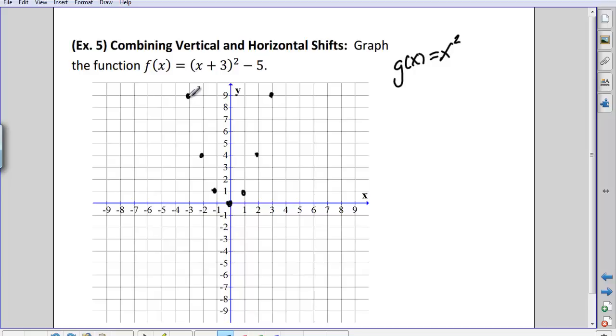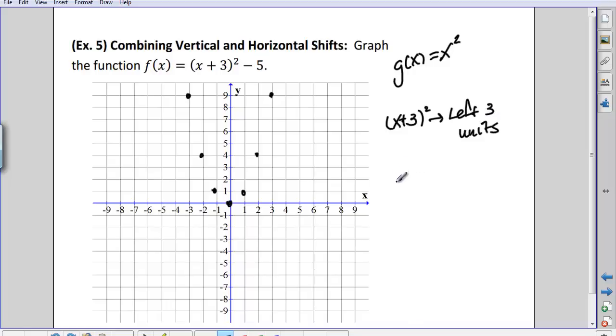And what we're going to do is think about what happened here. An x plus 3 in parentheses, isn't that a left 3 units? Right? We took the plus 3, that means we're moving it to the left 3 units.